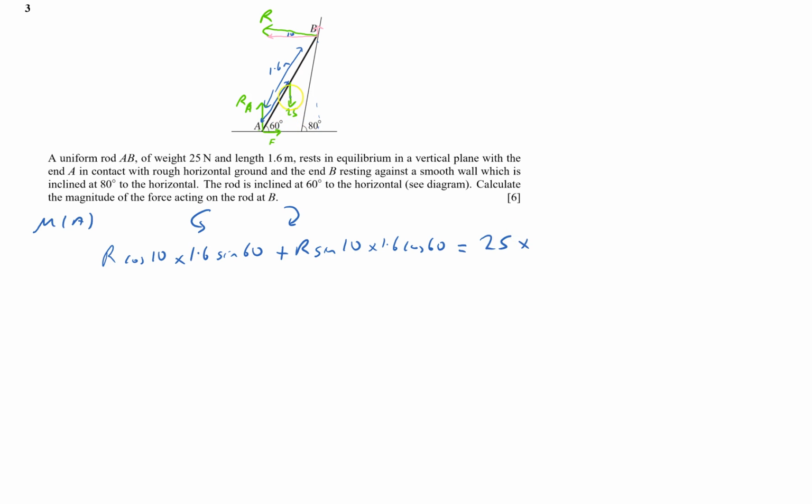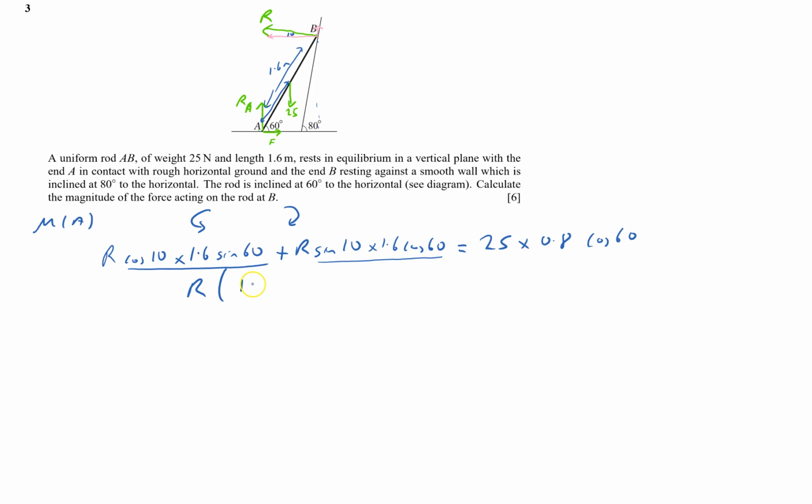and that will be, hypotenuse is 0.8, so it'll be 0.8, and it will be this distance here I need, so it'll be cos 60. And if I work that out, that gives me R times this bit plus this bit, so I can factorise it.